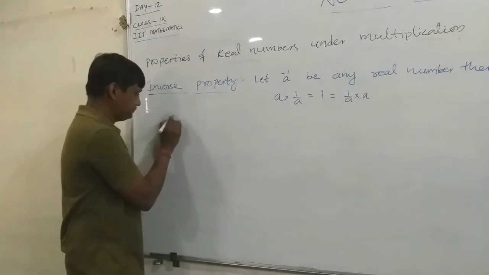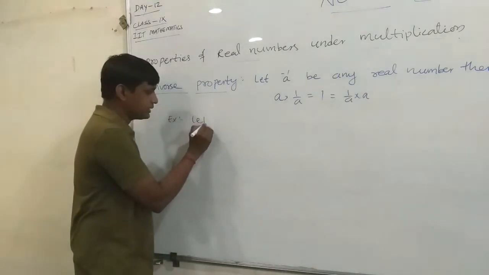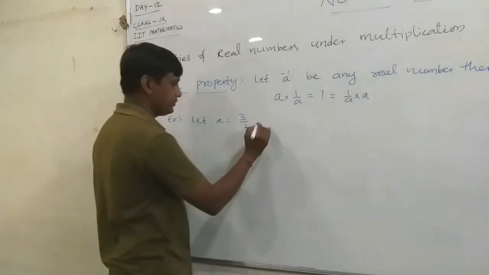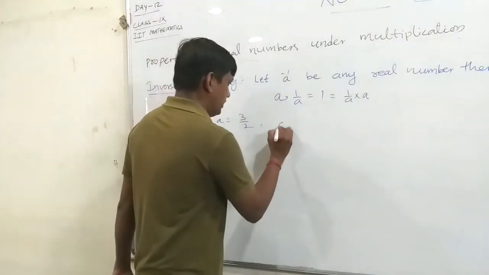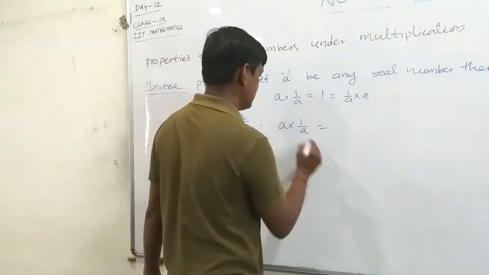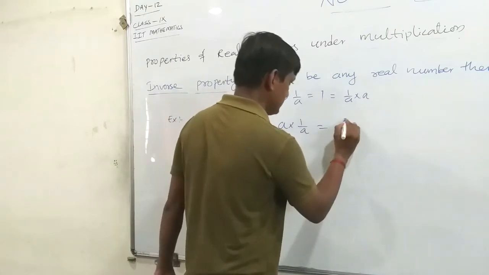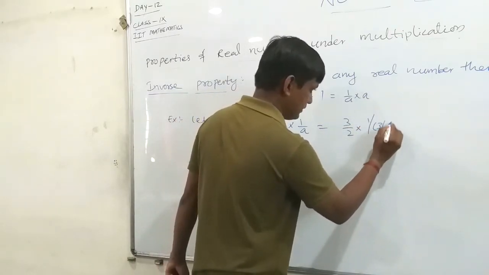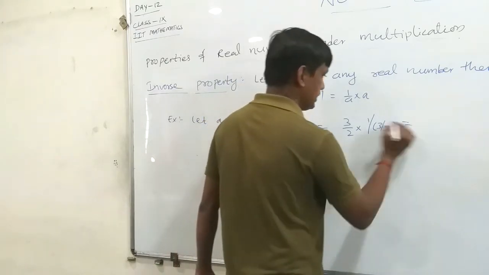Example, let a is equal to 3 by 2. Then a into 1 by a: first I am solving a into 1 by a, that is 3 by 2 into 1 by 3 by 2.